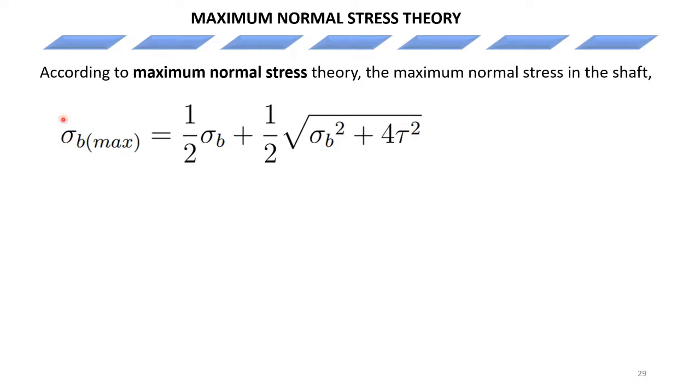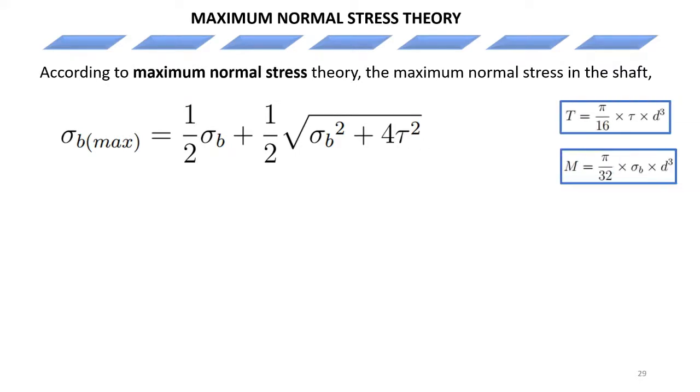You know that the bending stress is a normal stress, all right, in the material is equal to half times the bending stress, that is the allowable bending stress, plus 1 on 2 square root of the allowable bending stress square plus 4 times the square of the allowable shear stress in the material.